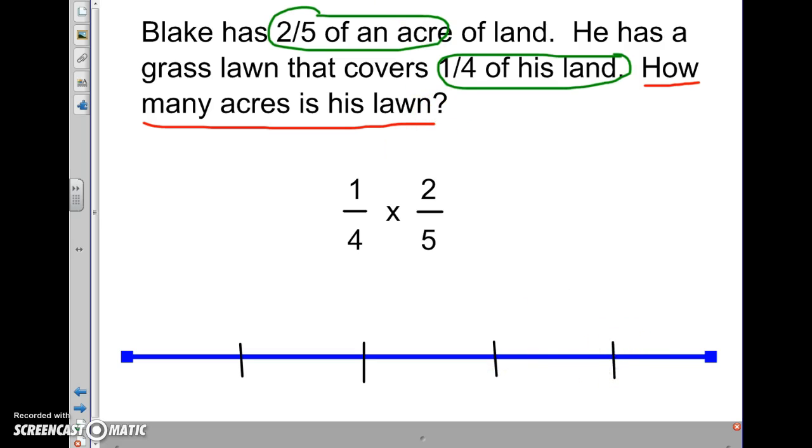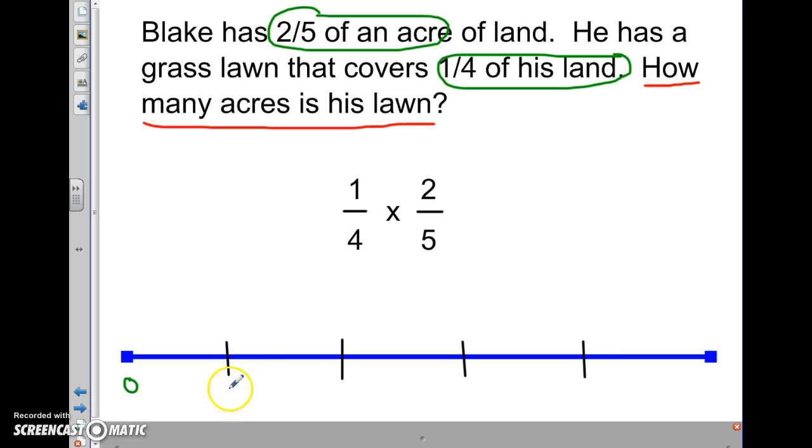This entire line plot is going to represent one whole. I'm going to have 0 here at the beginning, and one whole at the end.